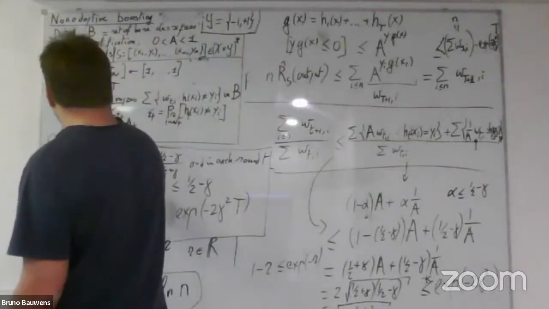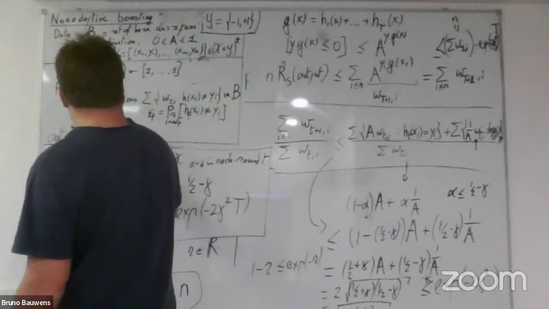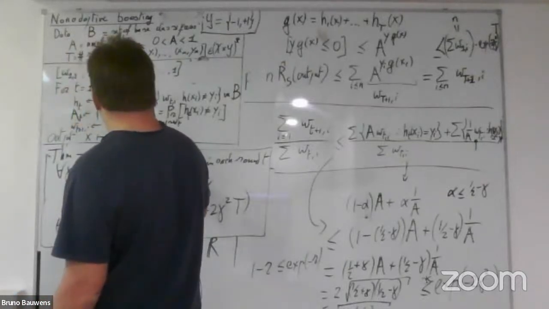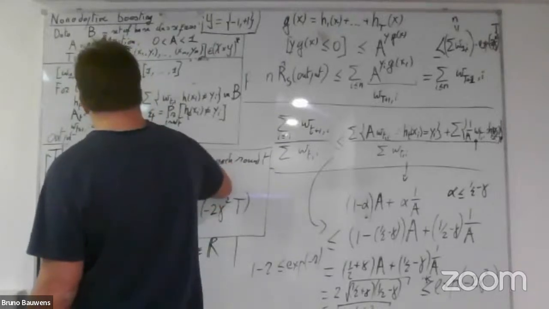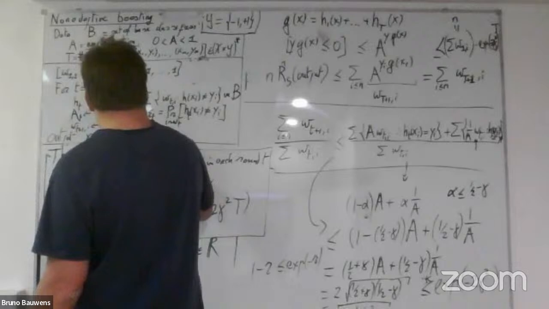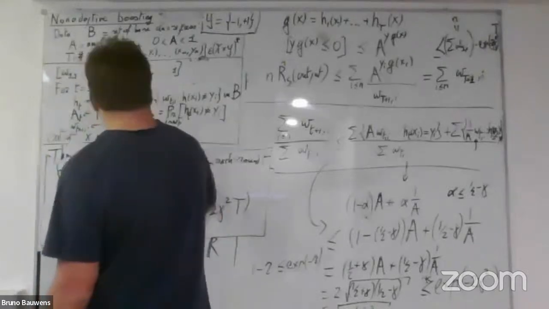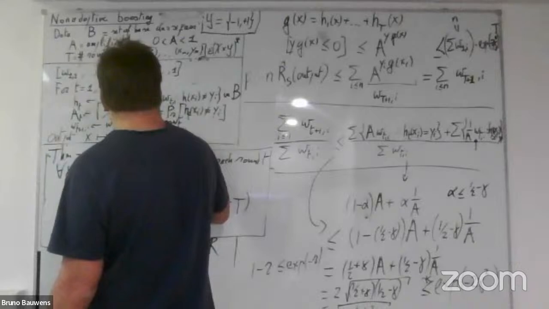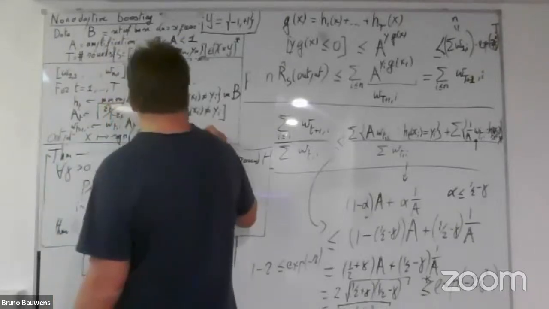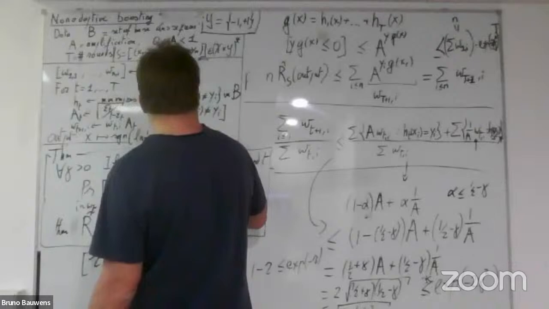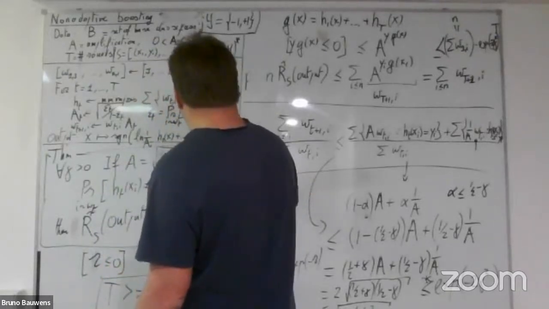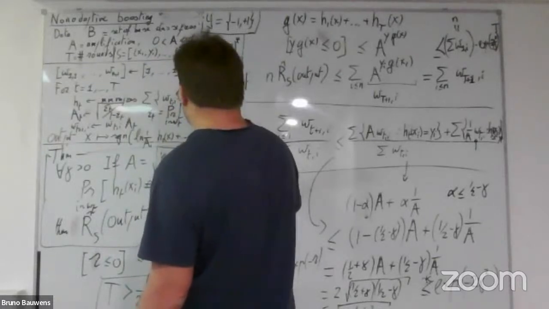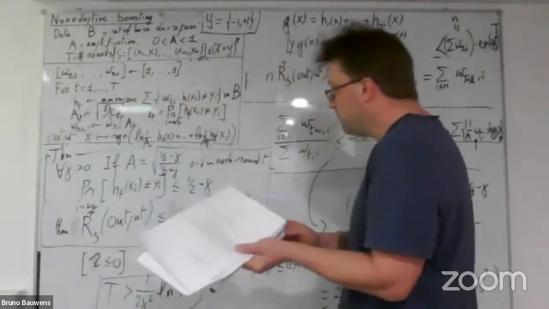So the output is x goes to the sign of 1 over A_1 times h_1 of x plus 1 over A_2, like this.